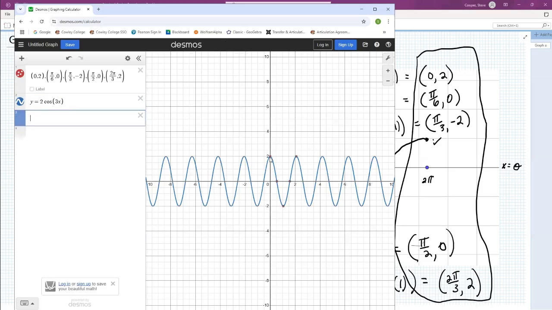Okay, and you can see that all the points we recalculated fall on this new graph. And we started with the points from the simple graph of cosine. Okay, so that function right there, notice how what we did is we squeezed the period into a shorter amount.